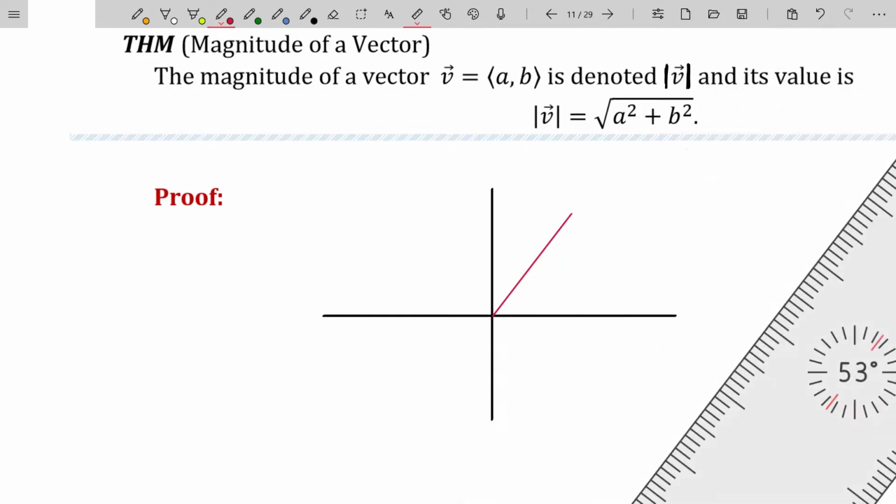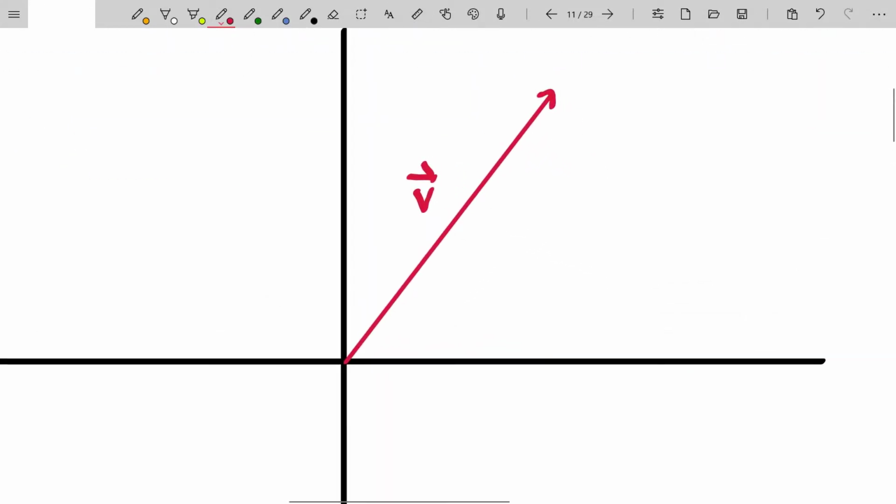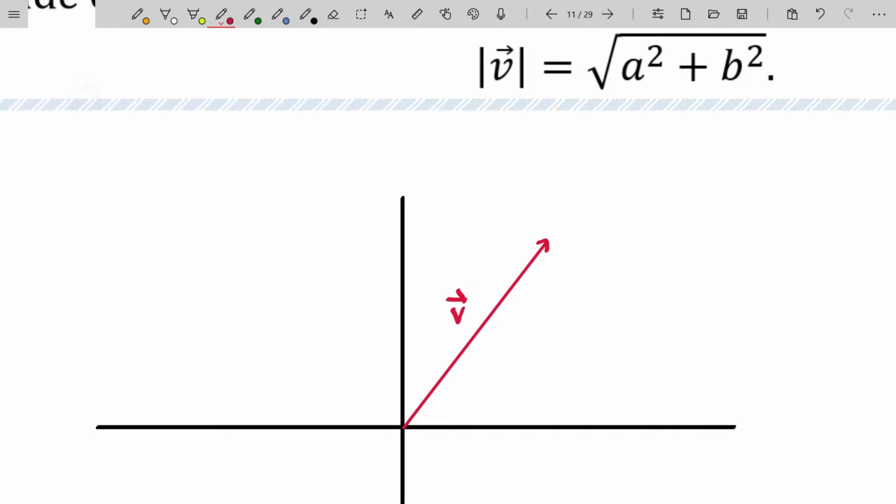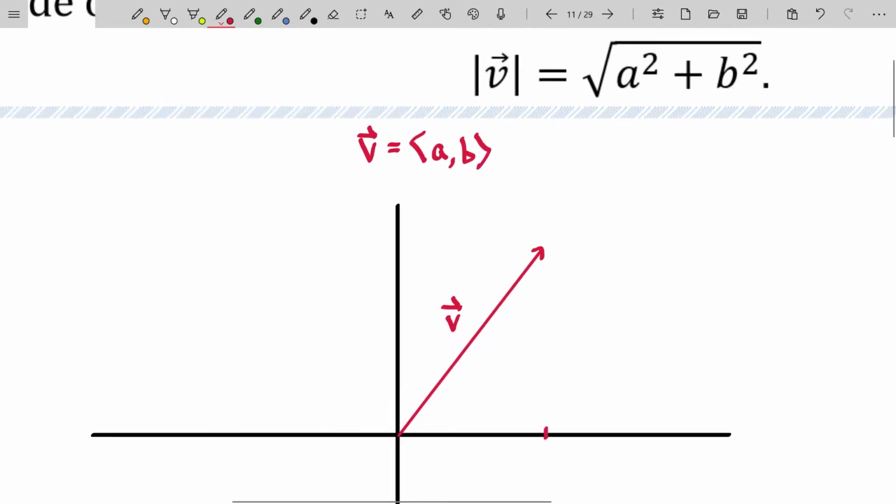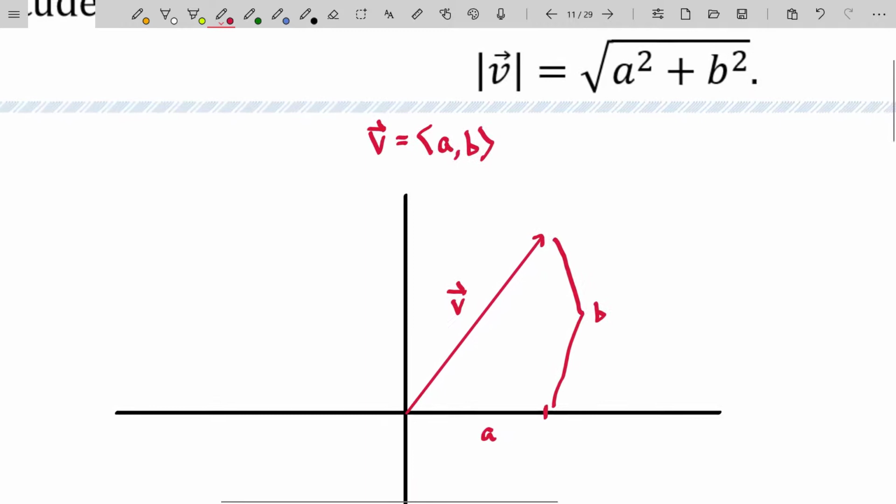So let's just say that this vector is vector v, right there. And remember, the component form for vector v is equal to a comma b. Well, that means you've gone over a units and gone up b units to get to the head of this vector. Over a and up b.